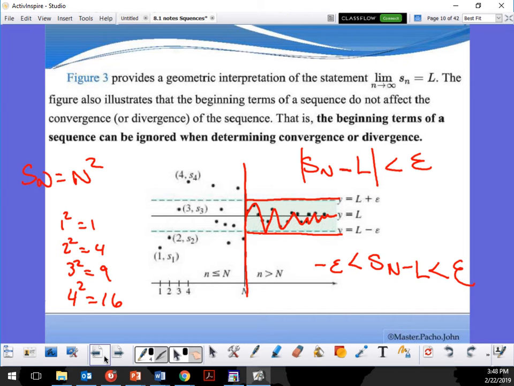Beginning terms of a sequence can be ignored when determining the convergence or divergence. Because right here, all this over here, it was outside of that, wasn't it? First couple terms, if you notice, it wasn't even part of that. So 1, 2, 3, 4, eventually gets down to a point where n was less than or equal to my capital N, where at this point right here, n is now greater than this.